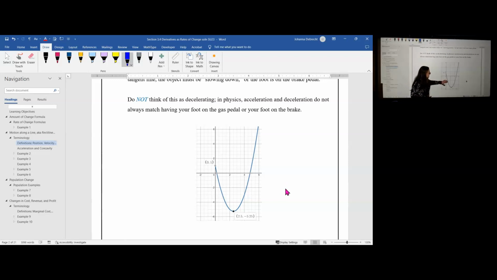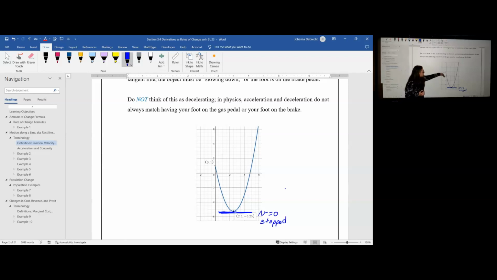When we're looking at this, I know that the vehicle is stopped right there at 2.5 because I have a horizontal tangent line. V equals 0, it is stopped. Well, think about this.